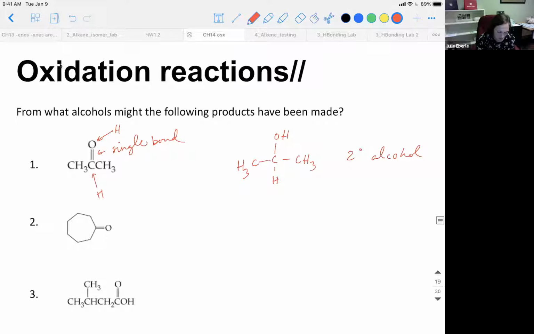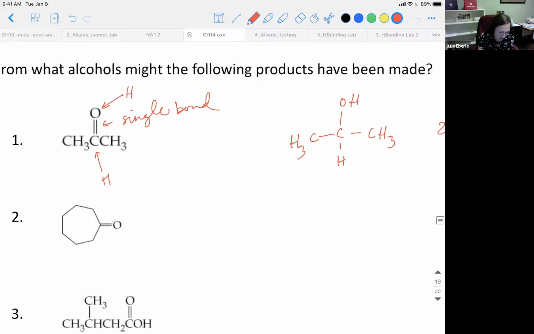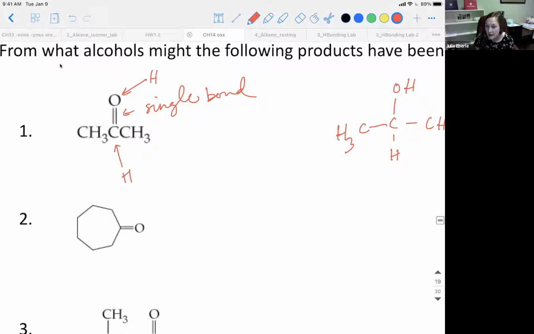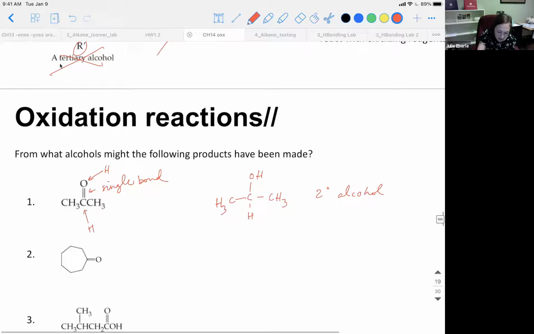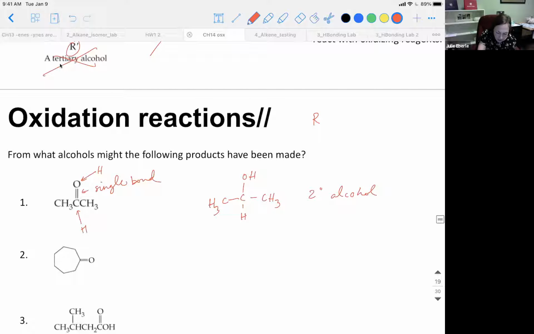Okay, number two here. What kind of product do we have? Again, you need to ask yourself, is this an aldehyde? Is it a ketone? Is it a carboxylic acid? So let me remind you, aldehydes: some kind of carbon group, we'll call R, then you have a carbon double bonded to oxygen with a hydrogen. That's an aldehyde.